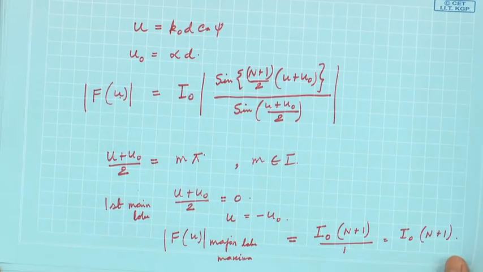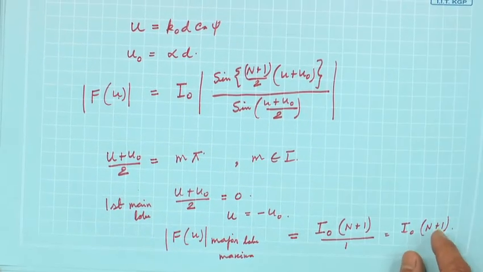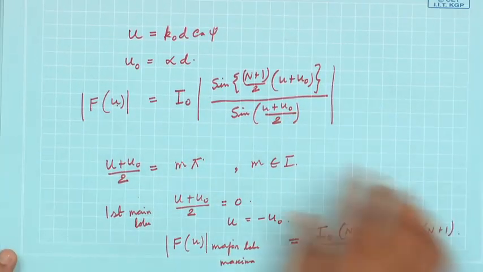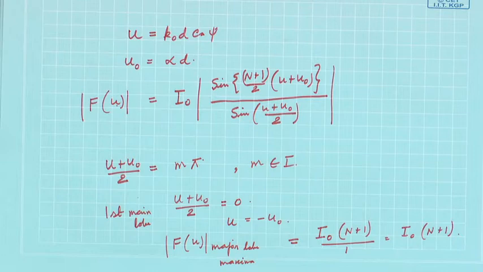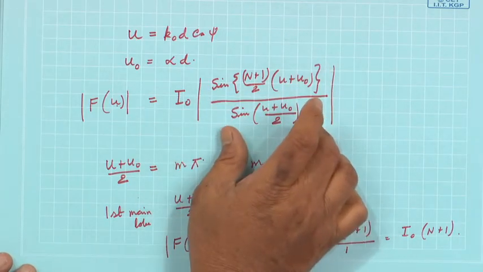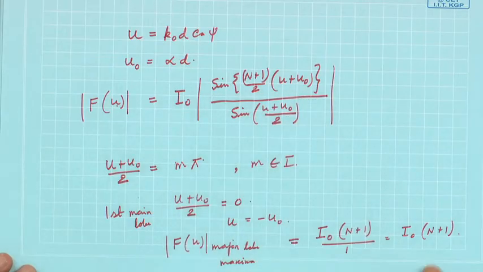Now, let us come to the side lobes. What is the condition for a side lobe to occur? The numerator sine function should be maximum, that is 1, and the denominator is not 1, then only we will get a side lobe.